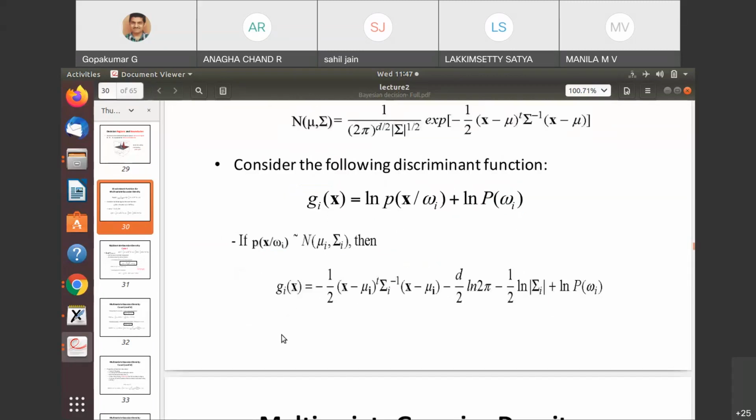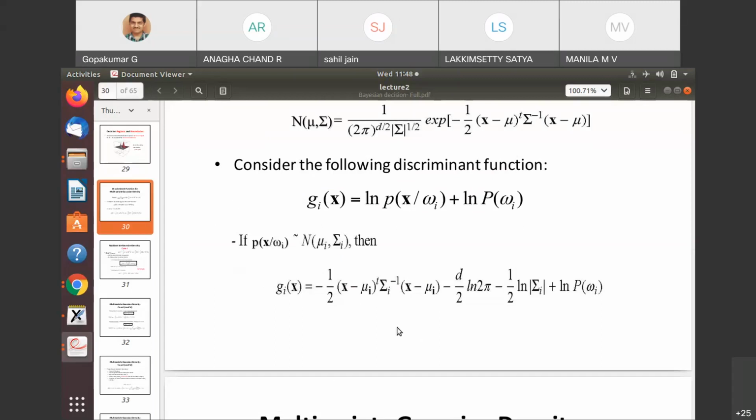Then we will get the last equation, that is g of x equal to minus half, x minus mu, into sigma I inverse. That I is there because we are defining discriminant functions, so it can be g1 of x, g2 of x, g3 of x for different classes w1, w2, w3.